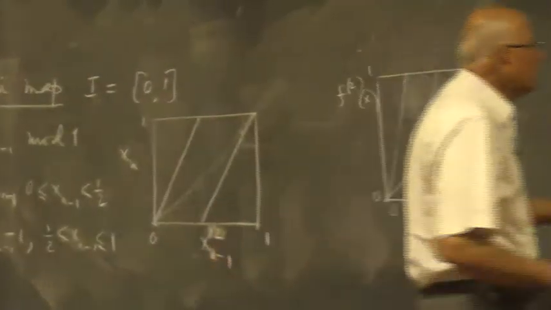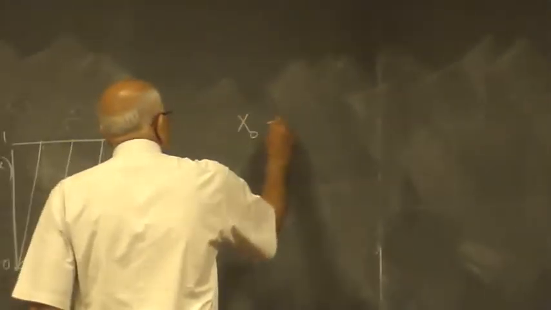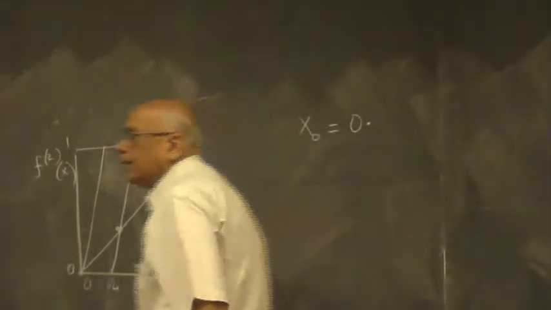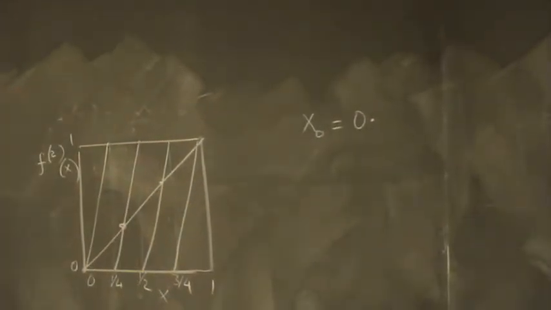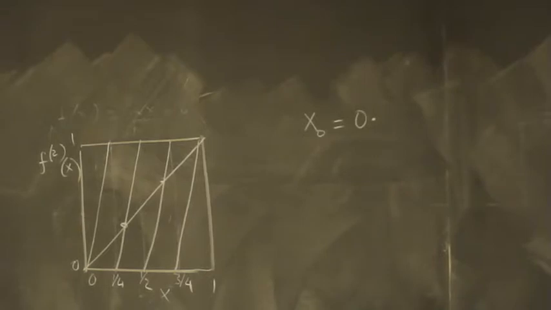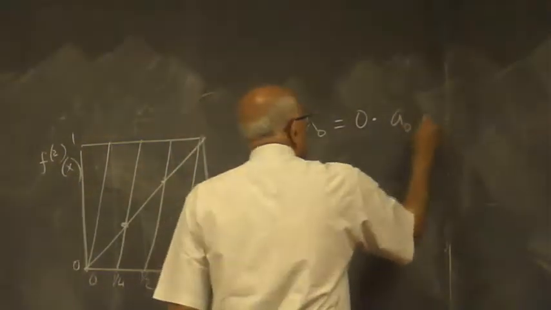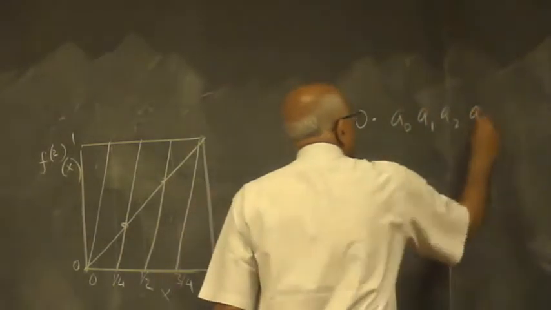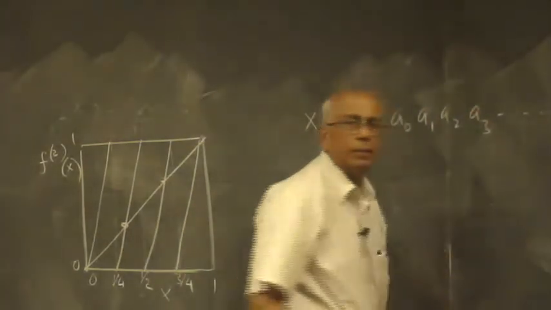In this problem you can, because all you have to recognize is that you can always write this number x0 as 0 point, write it as a decimal in binary in terms of zeros and ones. So you can certainly write it always as 0 point A0, A1, A2, A3, all that.